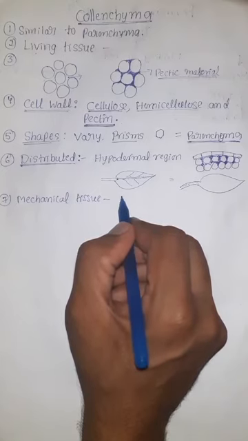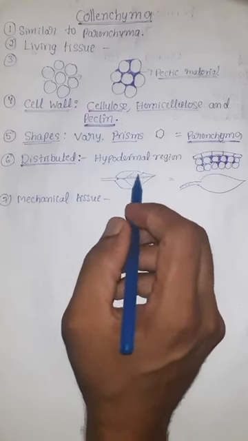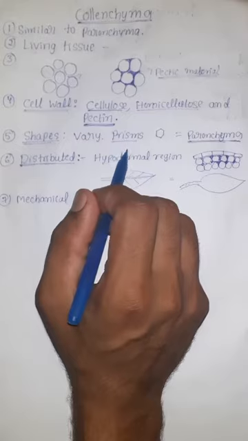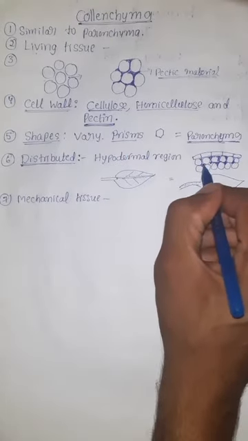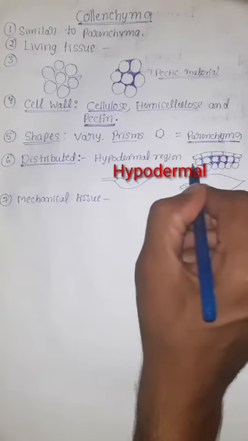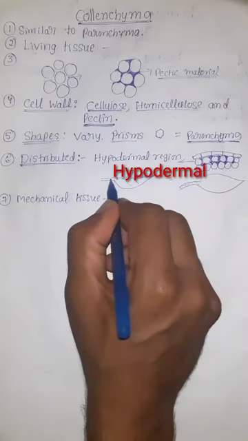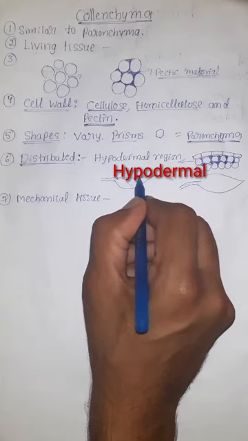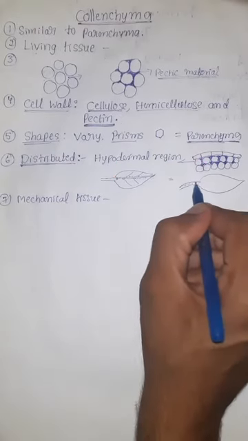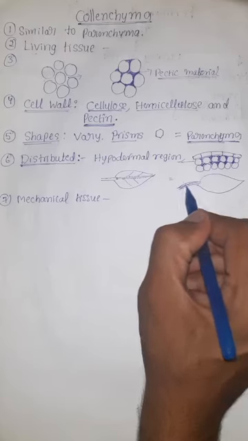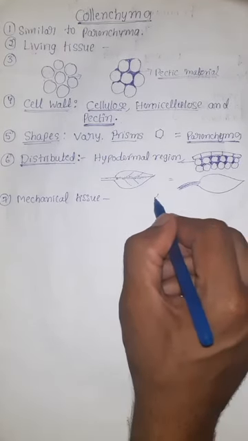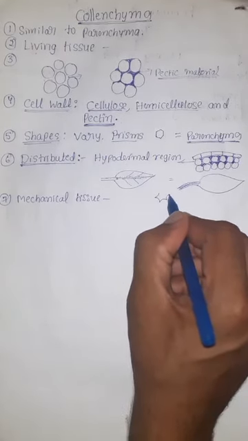Wherever mechanical support is required, usually we can see collenchyma. That's why it is located in particular regions like the hypodermal region, around vascular bundles, in the petioles, and in the ridges of young stems.